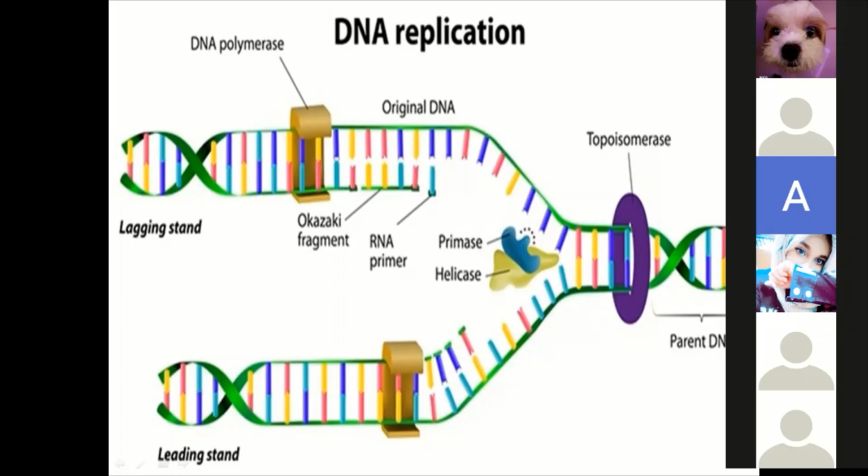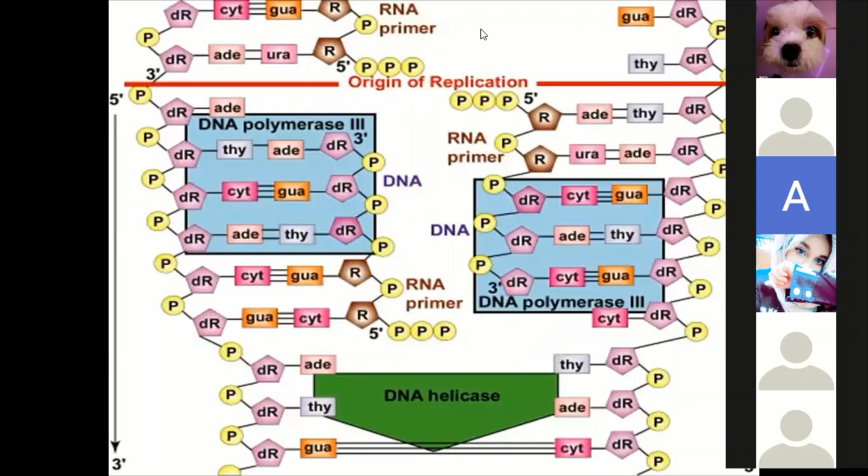Here is the DNA helicase, which is responsible for unwinding, and both strands are there. This strand is running 5' to 3', and this one is also 5' to 3'. Here is the RNA primer.